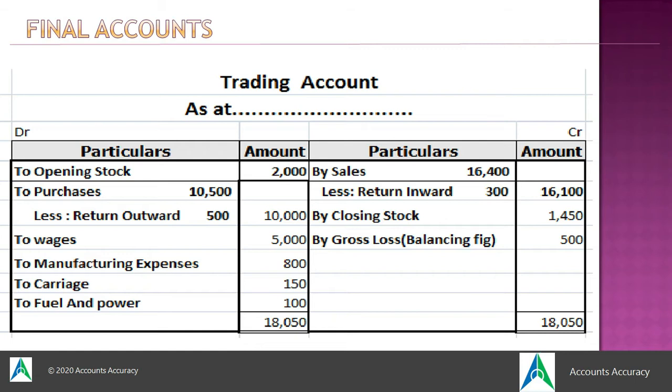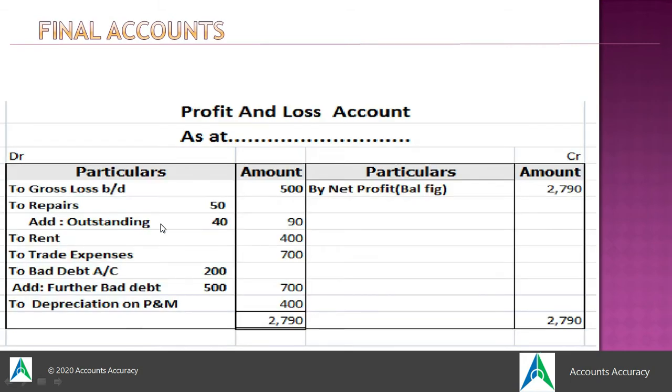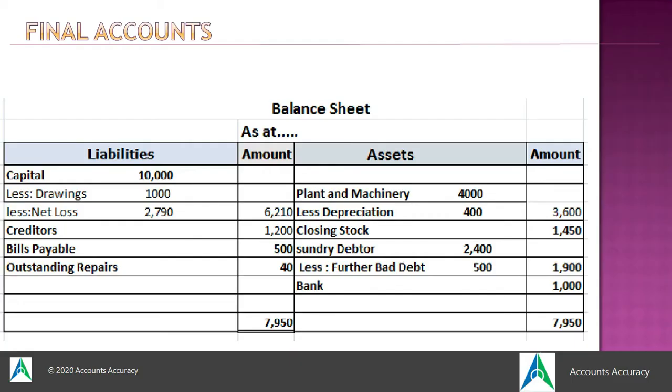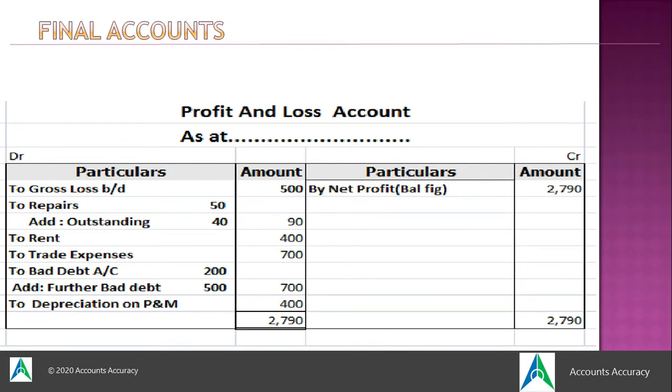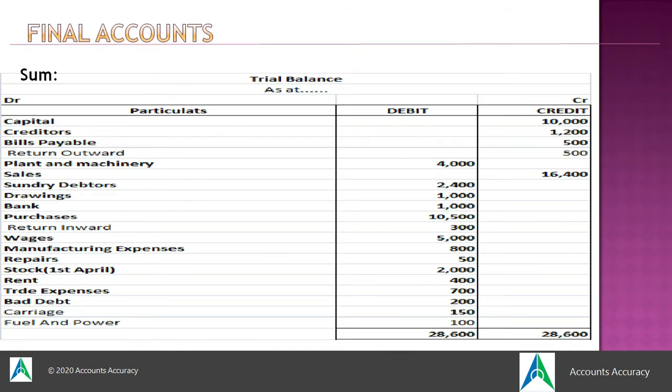So first of all, you have to transfer each and every item to the balance sheet, profit and loss account and trading account, and then you have to find out the balances, in order to find out the net profit and gross profit or net loss or gross loss of the company.